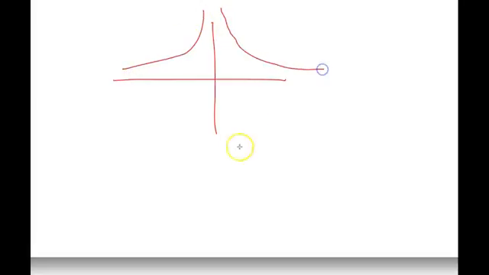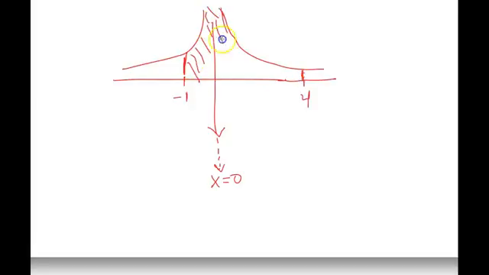And so that function looks like this, where you have a vertical asymptote at x equals 0. And what we're asked is to find the area under the curve from basically negative 1 to 4, which is all this.